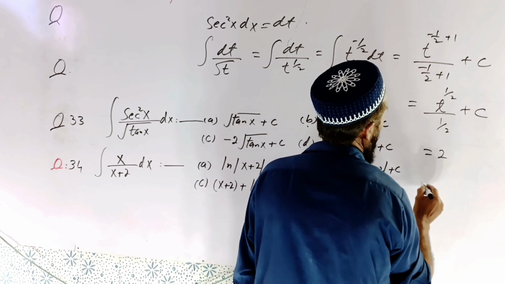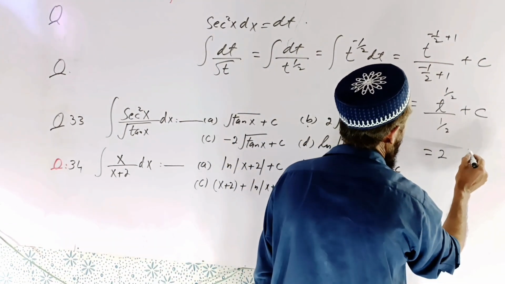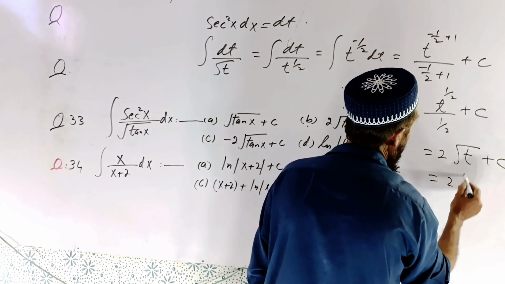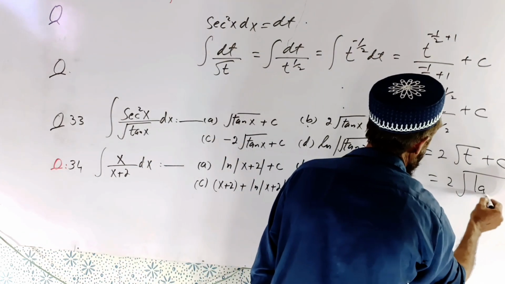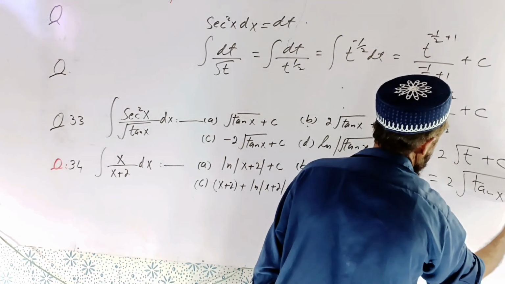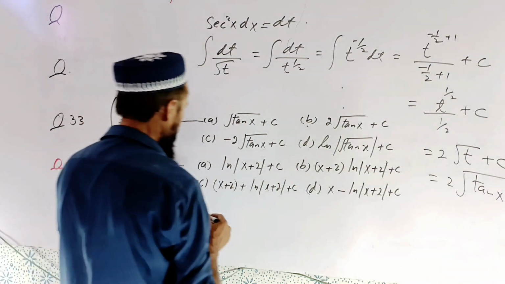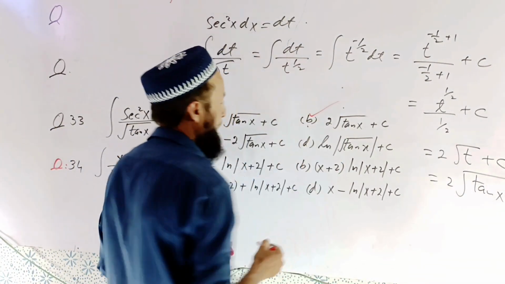Taking the reciprocal of 1 by 2, we get 2 under root t plus c. Here t is what? We have supposed that t is tangent x, so 2 under root tangent x plus c. Now option B is the correct answer.